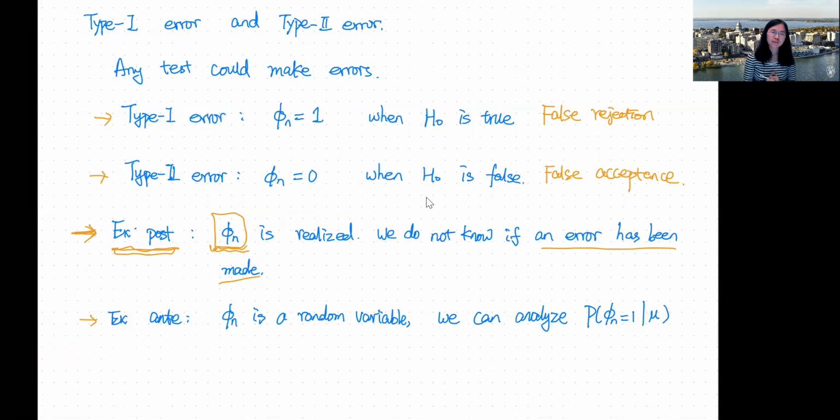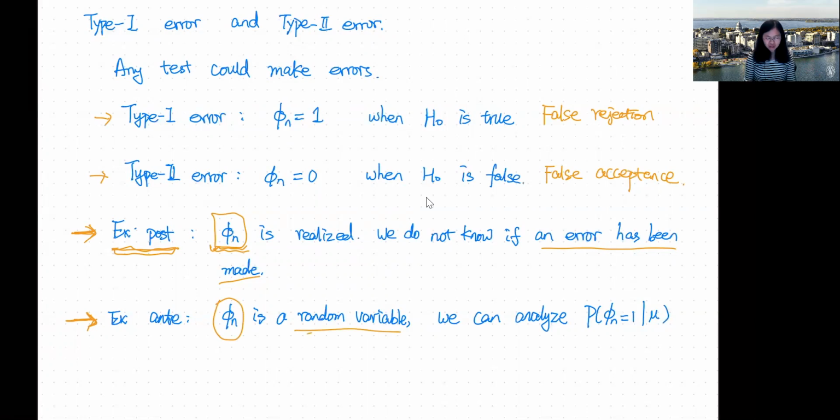This is just like for estimators or confidence intervals. The ex post point of view is just not very useful for evaluating the properties of an estimator or a confidence interval. The same thing here, the ex post point of view is not very useful for discussing the errors of a test. On the other hand, ex ante, before we use the numbers in our random sample, phi n, the test, is still random. It's still a Bernoulli random variable.